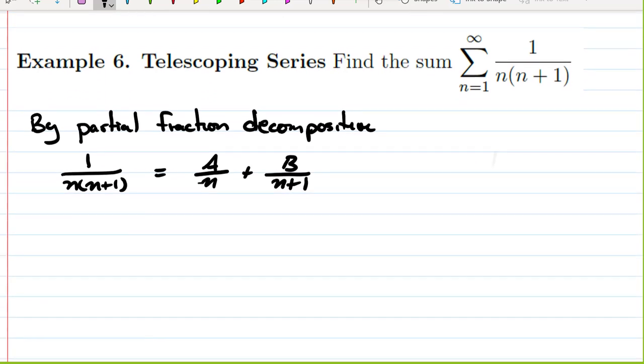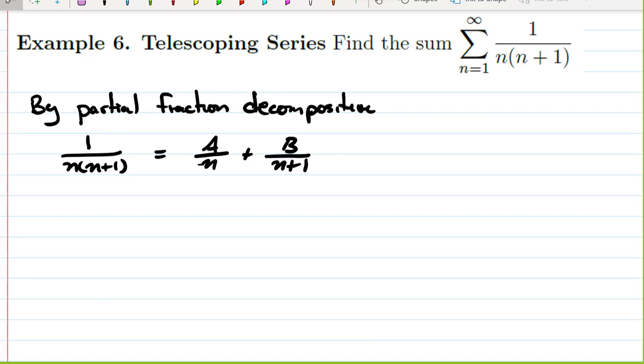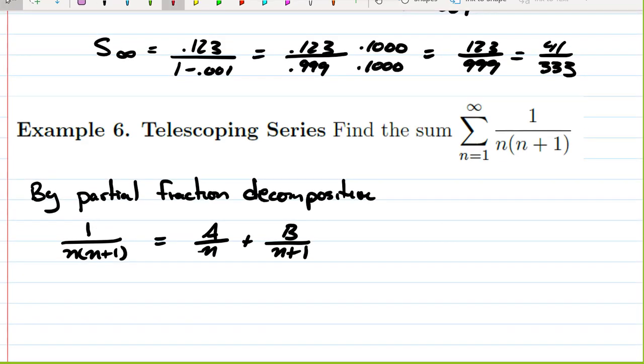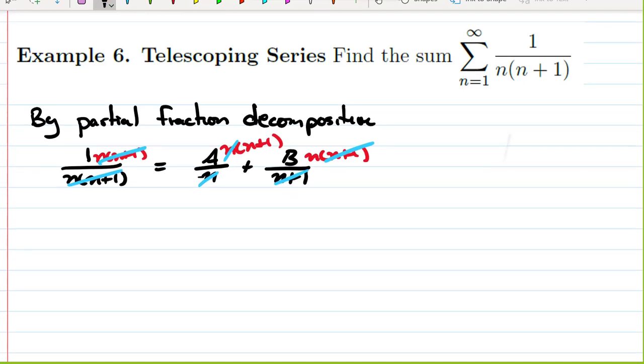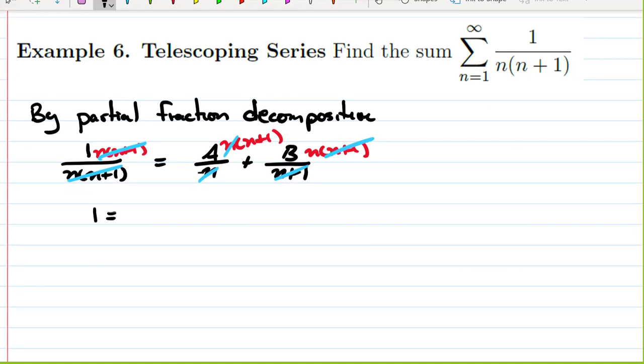And if we clear our fractions by multiplying by n times n plus 1, then here everything reduces out. Here the n's reduce out, and in the second term the n plus 1's reduce out, and we're left with 1 equals A times n plus 1 plus B times n.